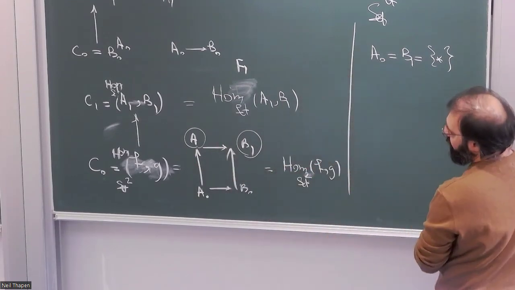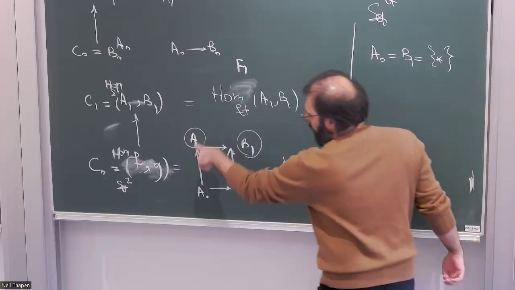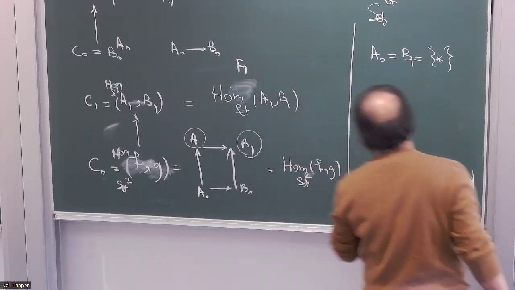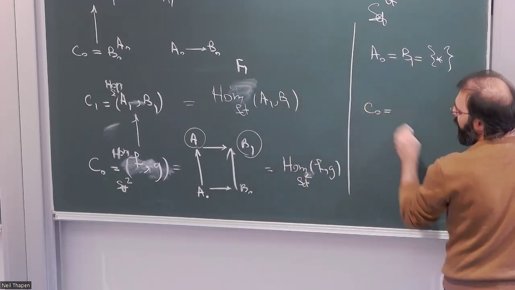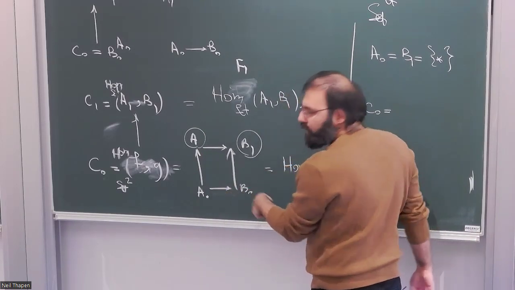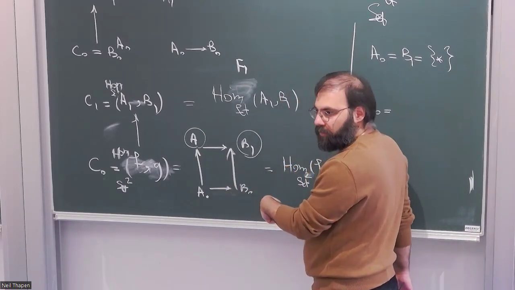So if this is my A and this is my B, then what is C0? C0 is just a pair of all two functions such that you have this. So this function is unique. It is just from singleton to singleton. Who cares?